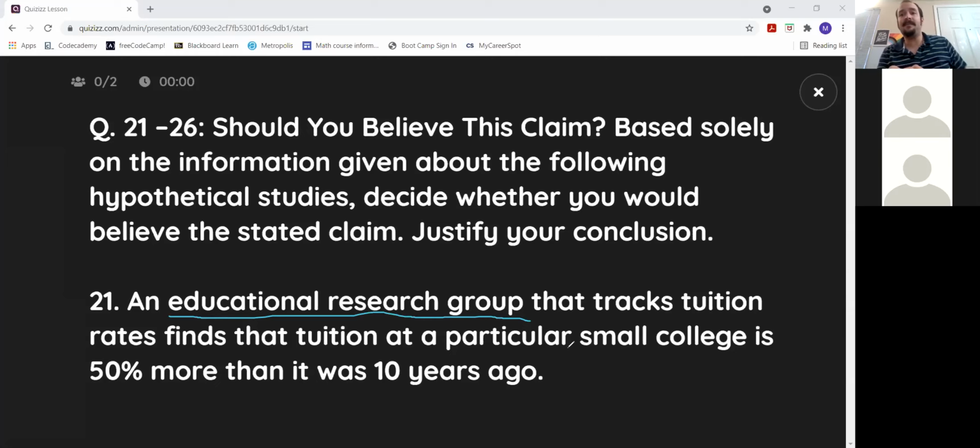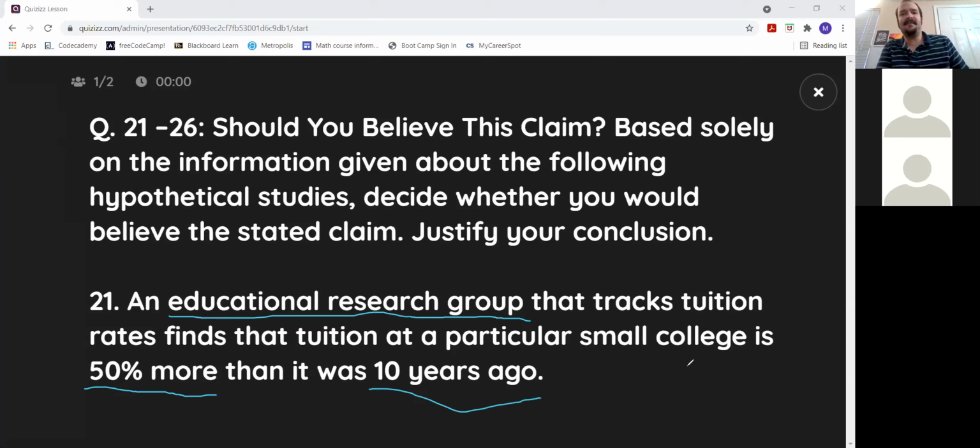They go at a small college, and they figure out it is 50% more than it was 10 years ago. Does that seem about right? Probably. Your tuition's going to go up by half of what it is right now over a 10-year period. That seems like a pretty reasonable claim, knowing that the cost of college is going up.